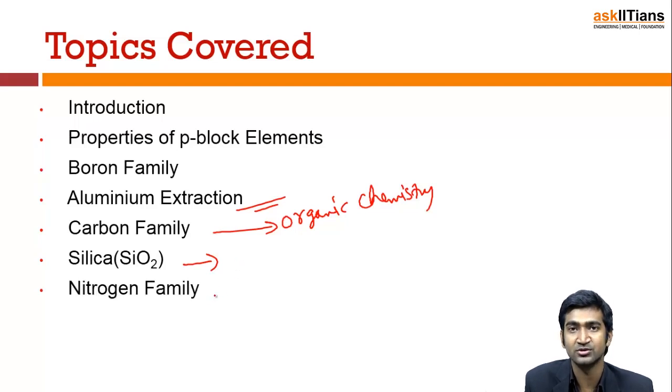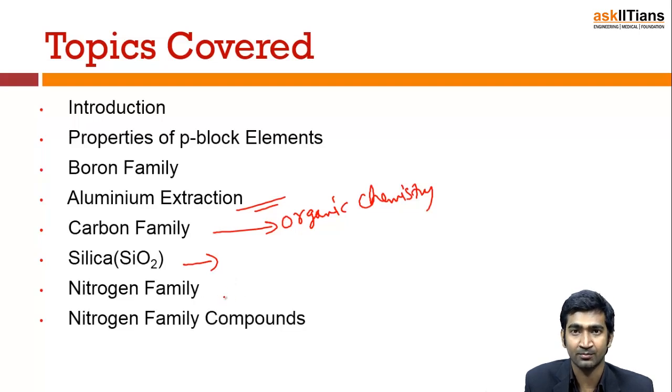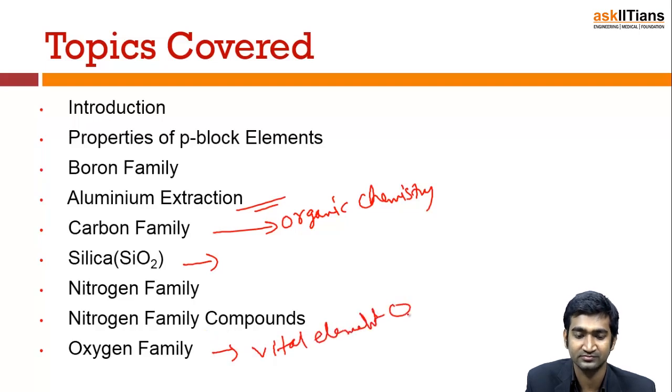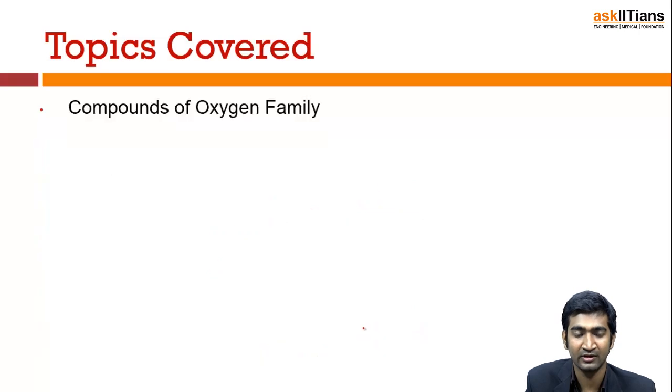Then we're going to learn the nitrogen family and its compounds. Then the most vital element for us, the oxygen family, and we also learn the compounds of the oxygen family.